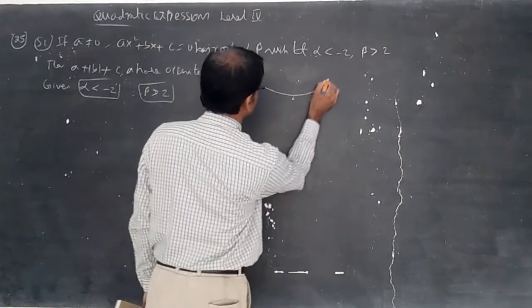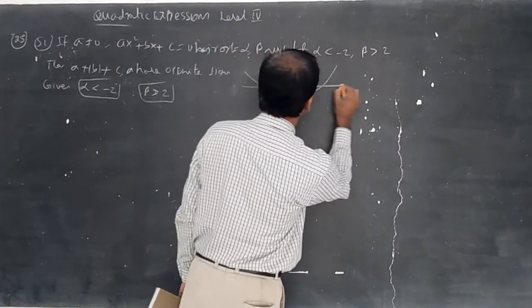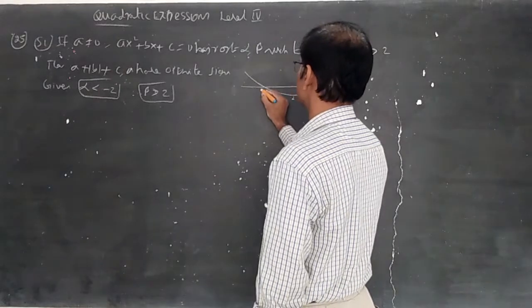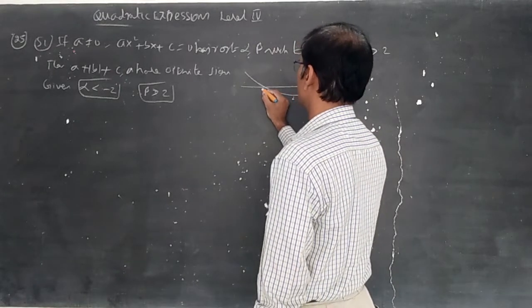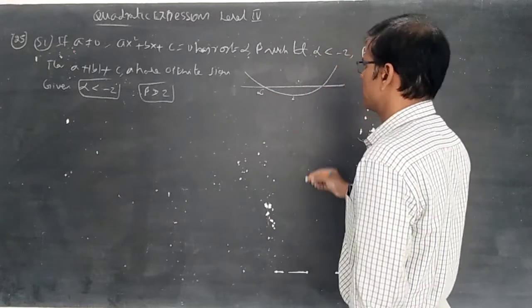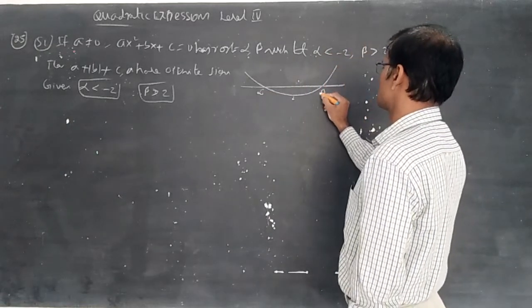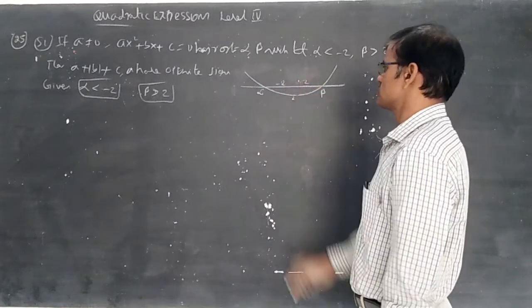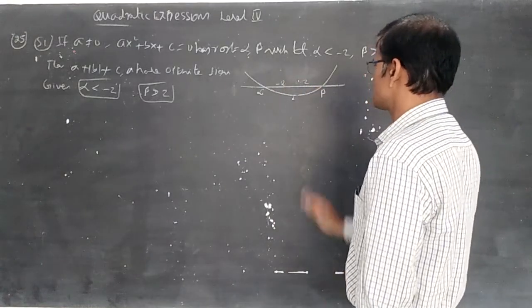Let us draw a graph like this. Here alpha less than minus 2, so put alpha here. Alpha less than minus 2 and beta greater than 2. So in between put minus 2 comma 2. Beta greater than 2, it's okay.